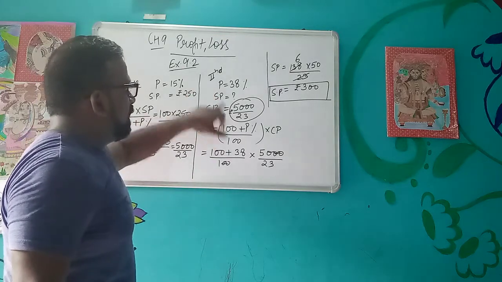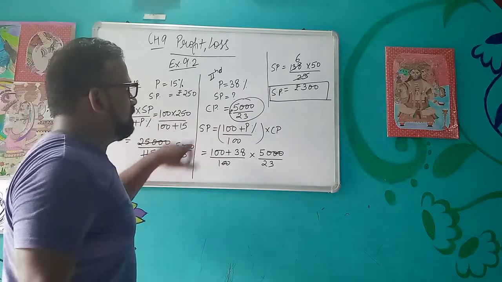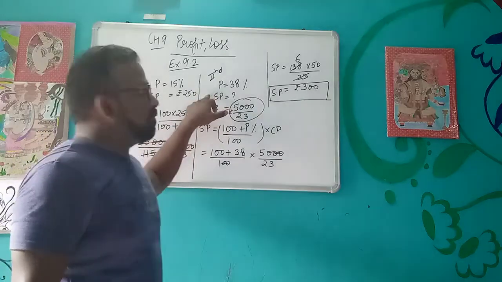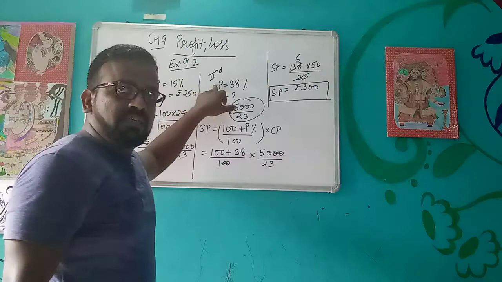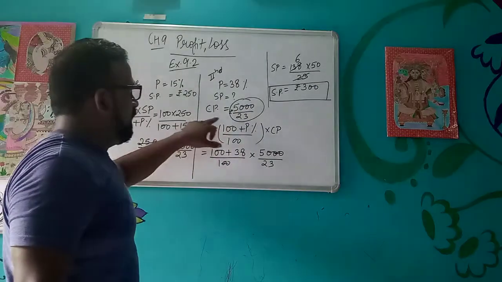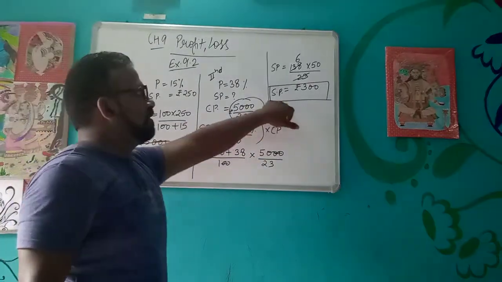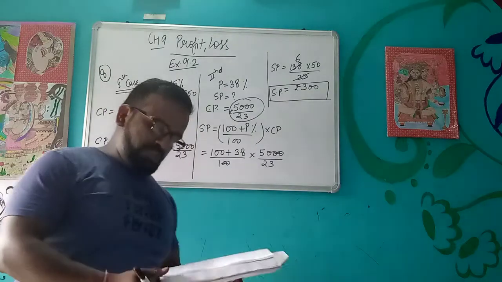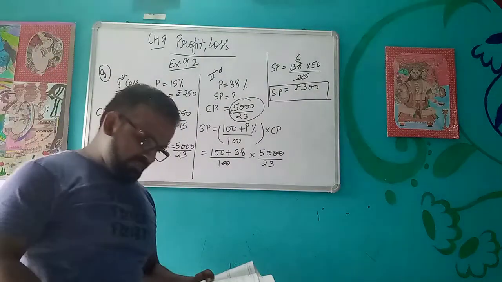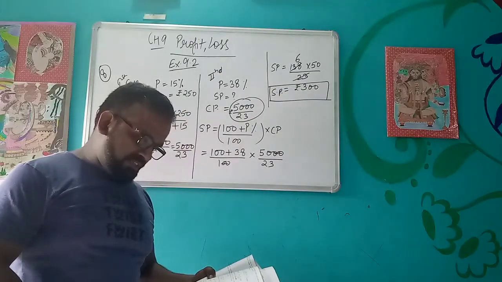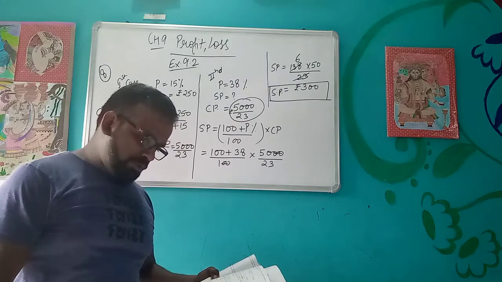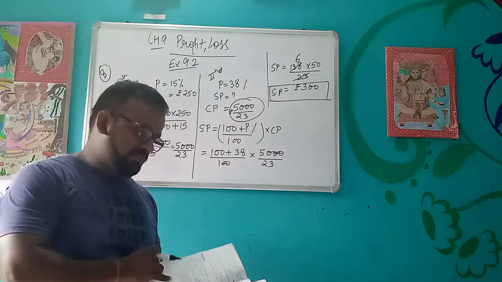Then for the second part, I used this cost price to calculate the selling price for obtaining the required profit. So by again using the formula, I got this selling price as rupees 300. Okay, so you just identify the things which are given in the question and then you use the required formulas.